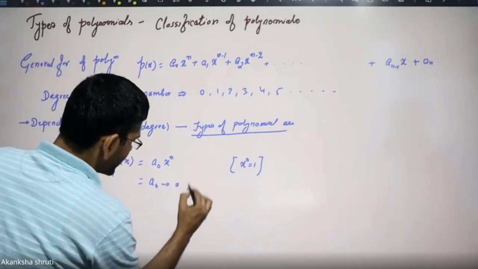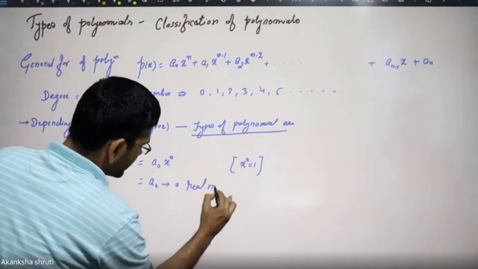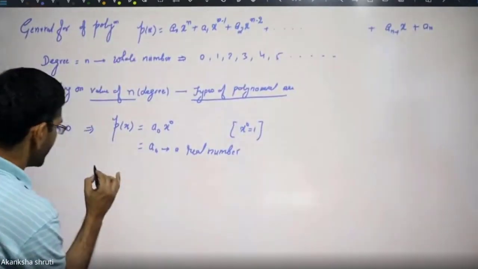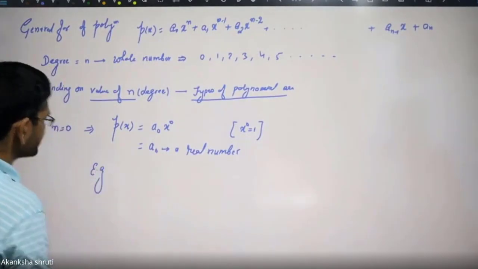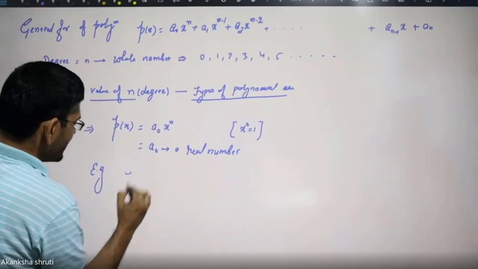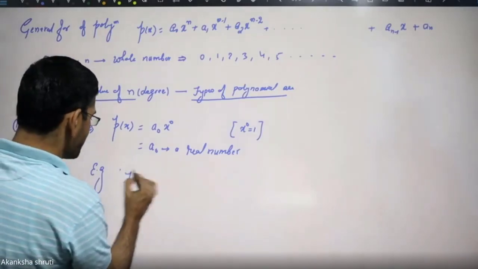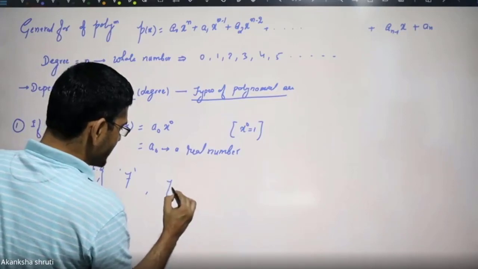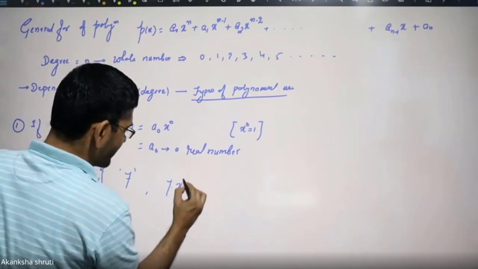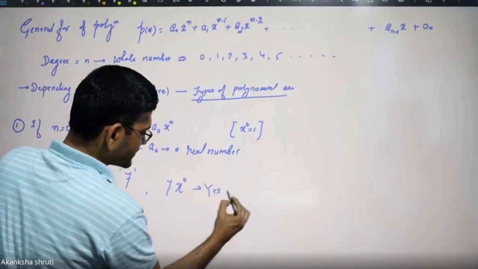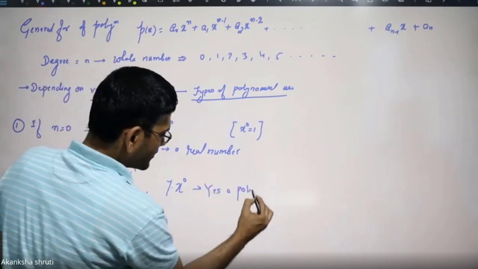A real number. Means what? Example. If I am taking, say, 7 only, whether 7 is a polynomial or not? Yes, 7 can be written as 7 into x to the power 0. Yes, a polynomial.